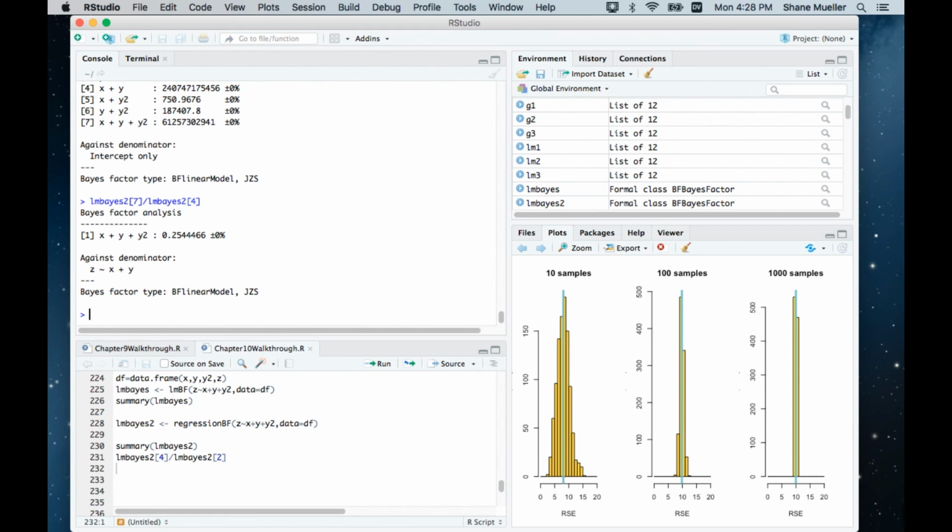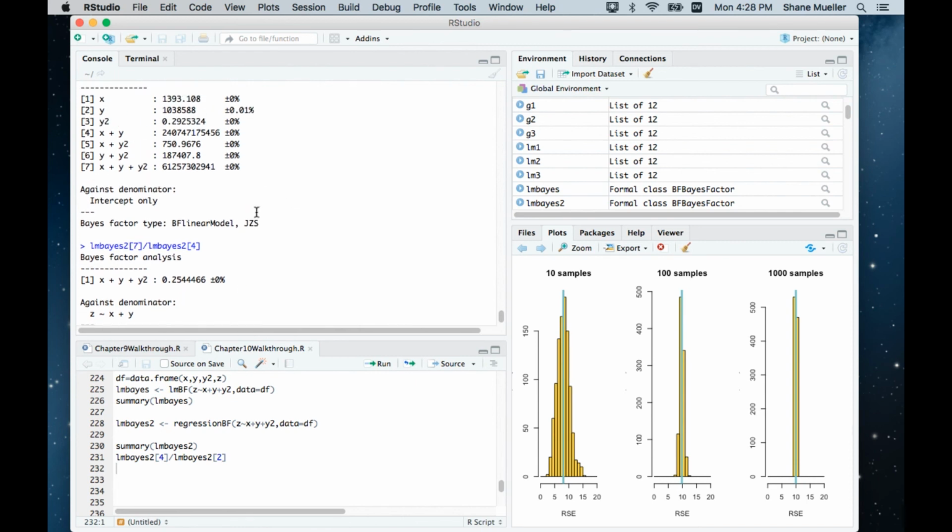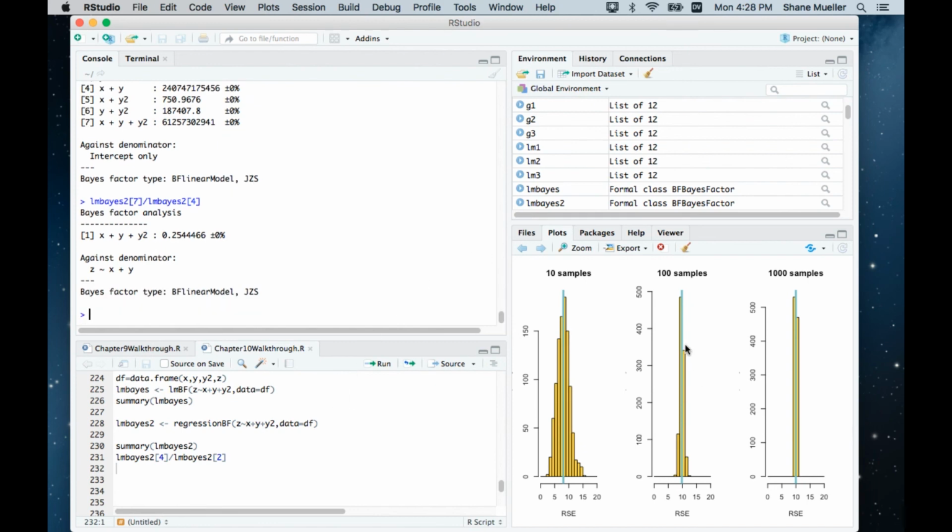And here I can see it's very small, which means the evidence for this larger model with respect to the smaller model is actually really weak. We would prefer this model over this model by a factor of 4. So this is maybe a more sensible way of doing this model comparison than you get with the null hypothesis test. But it's really quite similar to how we compare nested models within the normal regression or within the Bayes factor regression.